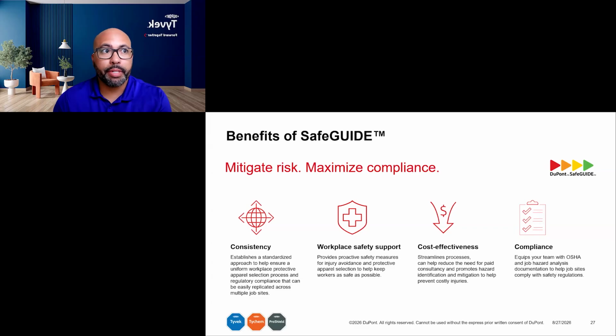Second, workplace safety support by providing proactive safety measures to avoid injury. And third, cost effectiveness in streamlining the selection process, which helps reduce costs. And lastly, the compliance needed to equip companies like yours with OSHA-aligned job hazard analysis.